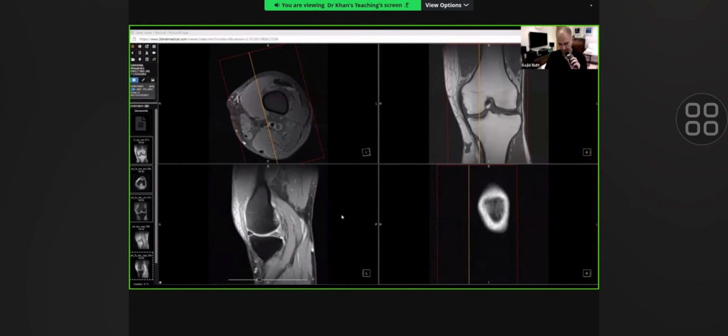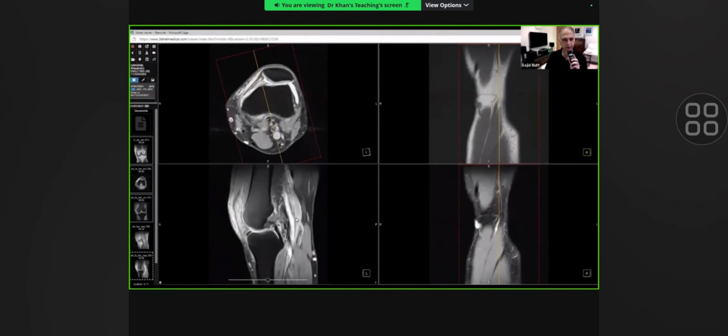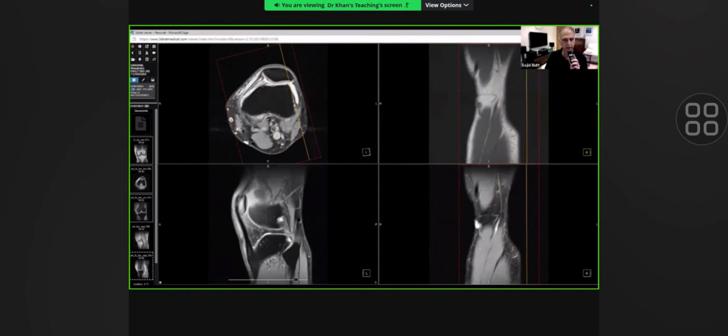You can see a case on the screen, and he presented with a history of pain in the knee joint. When I see the knee joint on such patients, I would start off by an assessment of the sagittal imaging first. So this is the left knee joint.